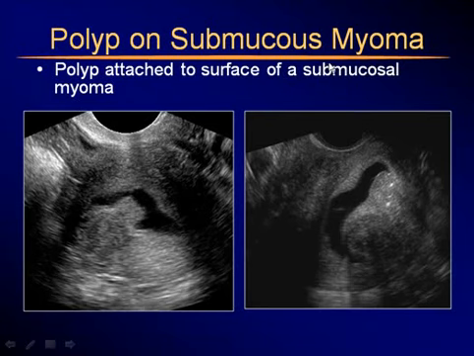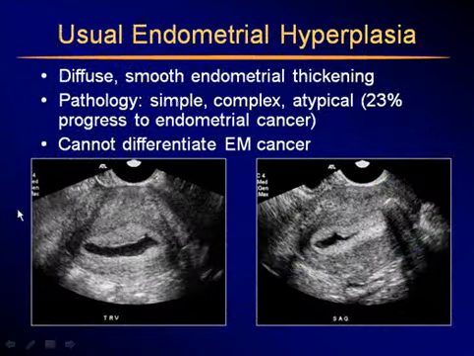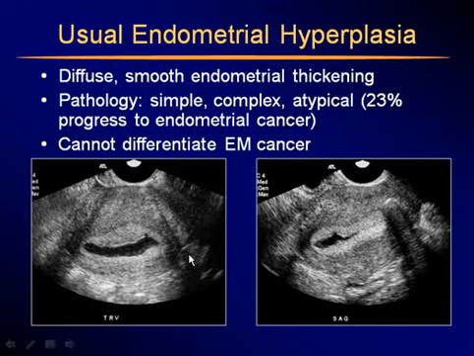Sometimes we see unusual things, such as a polyp attached to a submucous myoma. So here's the hypoechoic sound attenuating myoma and a polyp stuck on top of the myoma.